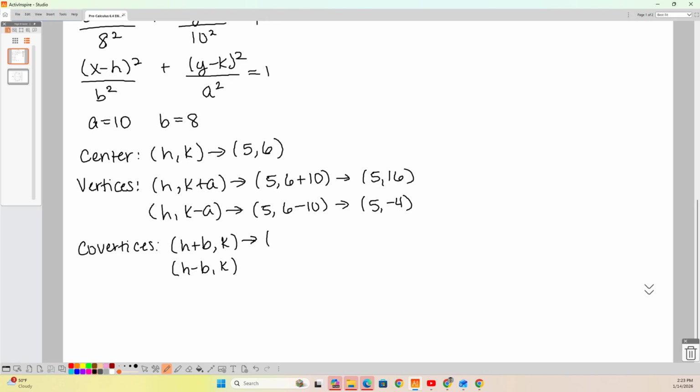So h is 5, plus b is 8, and then k is 6. So one co-vertex is (13, 6). The other co-vertex is h, which is 5, minus b, which is 8, k, which is 6. So the other co-vertex is (negative 3, 6).